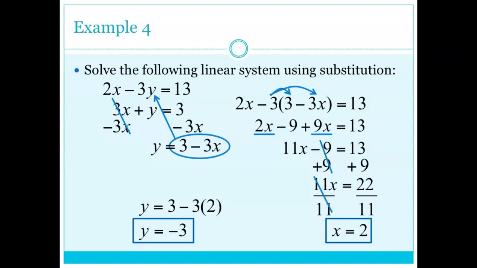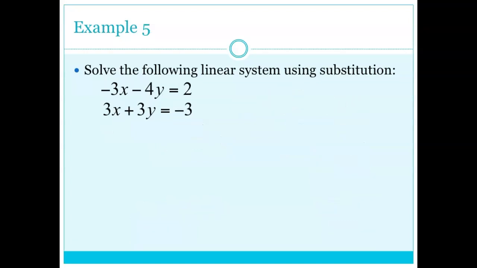Okay, let's do one more example. We have negative 3x minus 4y equals 2 and 3x plus 3y equals negative 3. Neither x or y is by itself. So we're going to pick one of the variables and solve for it.